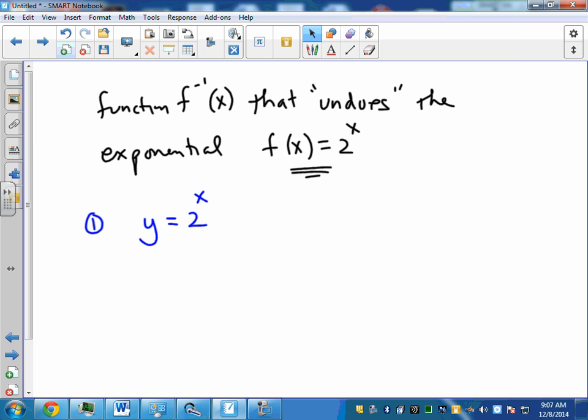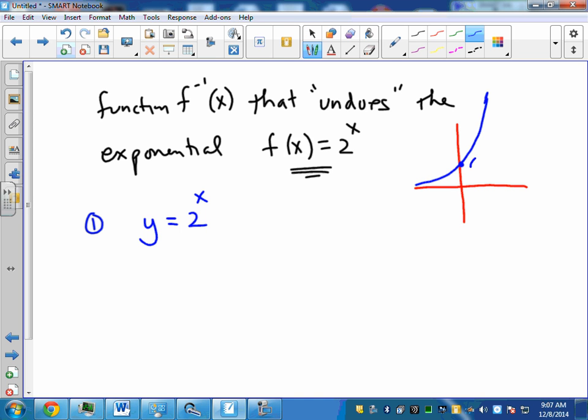And by the way, a short sketch on this. This is an interesting function. It's the exponential growth function. The curve grows pretty quickly. You could put some points in. You would find there'd be a point (0, 1). There'd be another (1, 2). There'd be a third (2, 4). Another point sticking up here might be (3, 8).